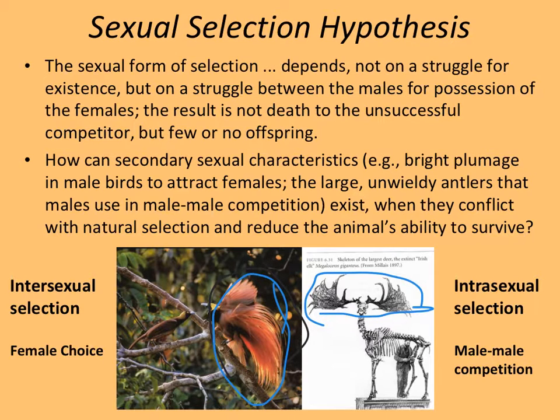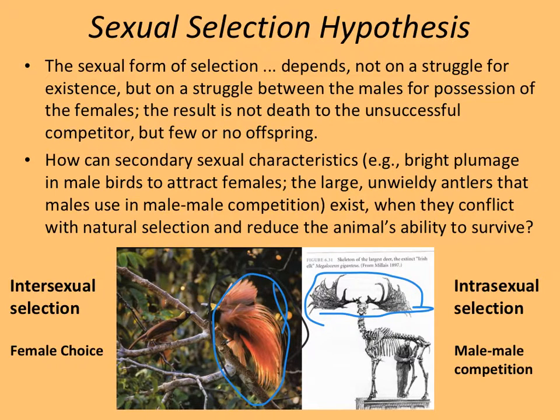Well, a bigger male with a bigger rack is more likely to win battles with other males. Or if it's female, what's called female choice, the male that has showier characteristics that get the eye of the female are the ones that get the mates, even if they don't survive as well.